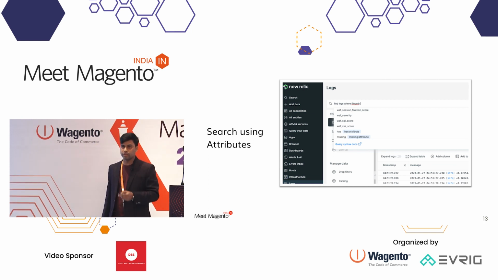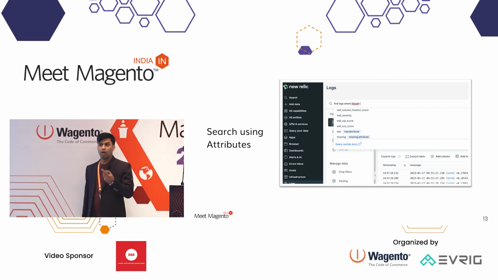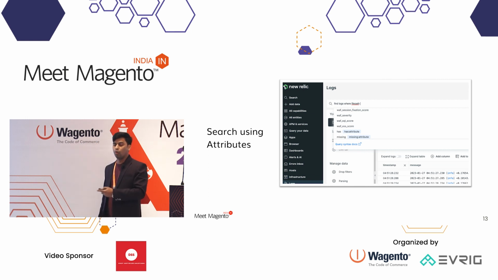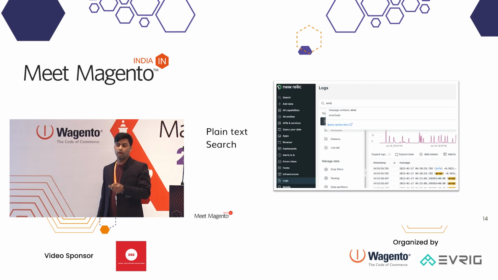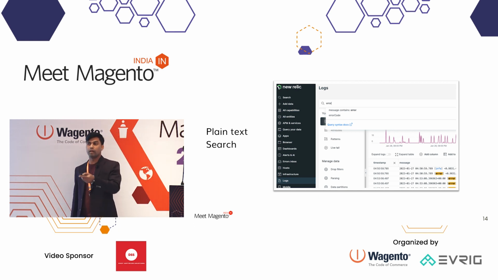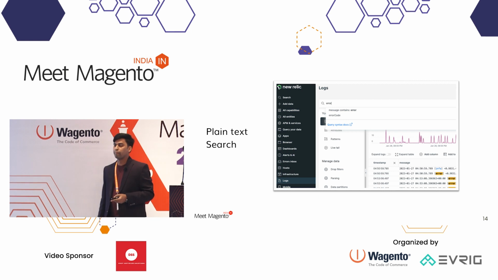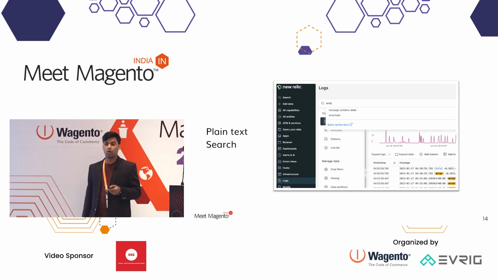If you are looking for any specific issues on the cart page or product pages or home page, that can be filtered from here easily. Even you can search using plain text as well, like if you know that it might be related to an extension that you recently created, you can search with the extension name as well. It can be generic as well, like error or something. Okay, so that was about logs.